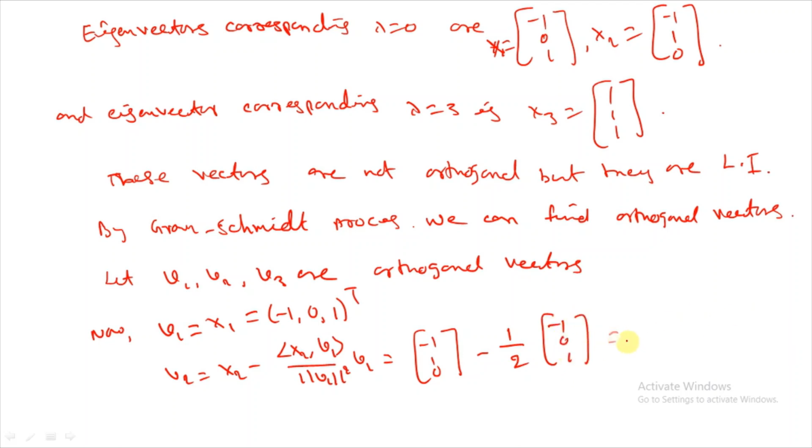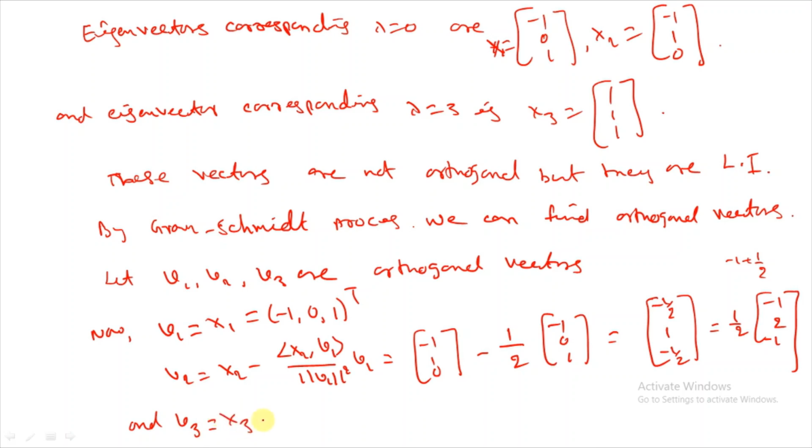So v2 equals minus 1 plus 1 by 2, 1, 0 minus 1 by 2. You can take it common: it is 1 by 2 times minus 1 2 minus 1.